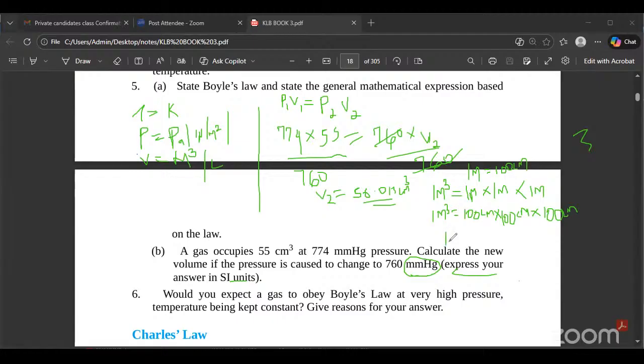So you find out 1 meter cube is equivalent to, so you count the zeros. I write 1 and then you count the zeros. Suppose it is 1, 2, 3, 4, 5, 6. Yeah, is it 6? Yeah. So you write 1 for the first 100, for the second 100, for the third 100.